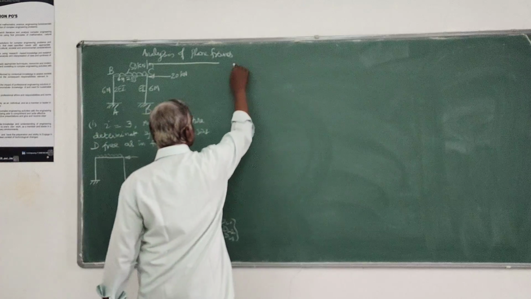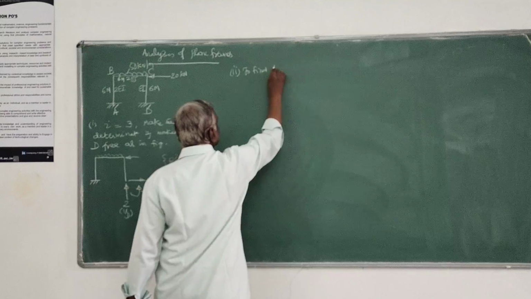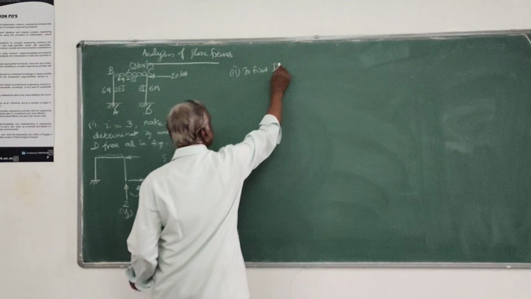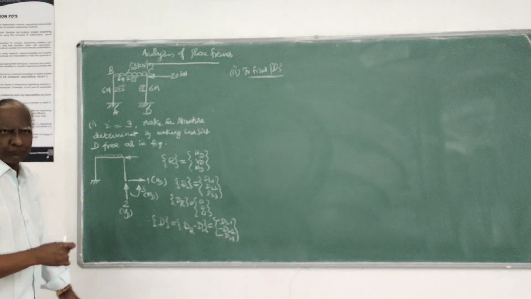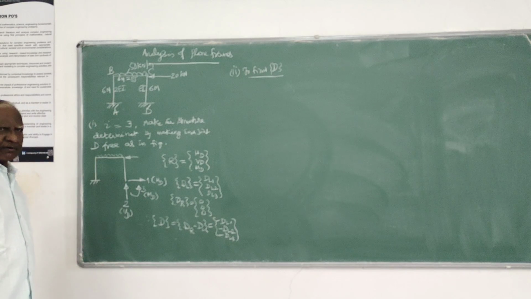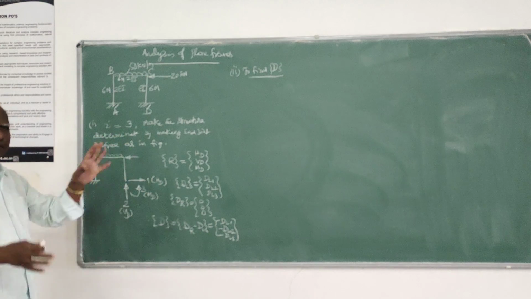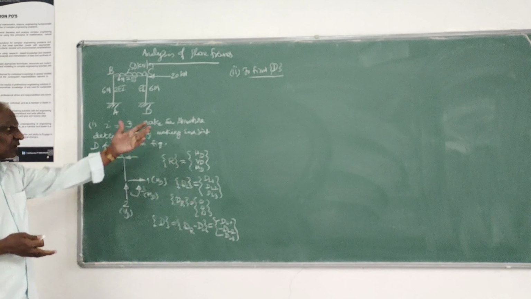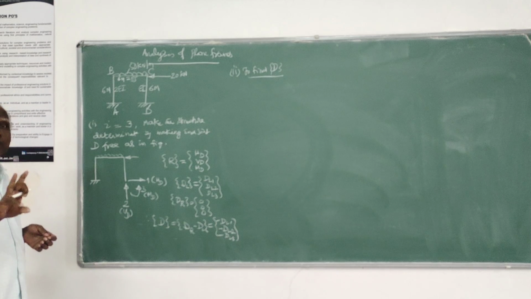Second step, to find this D, and D itself is that DL now. That D I have to evaluate, all the displacements. So it is nothing but a problem on displacements, which you have studied in the previous semester, altogether in 2 units.